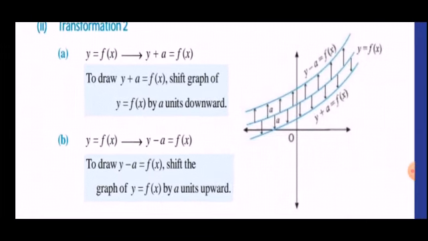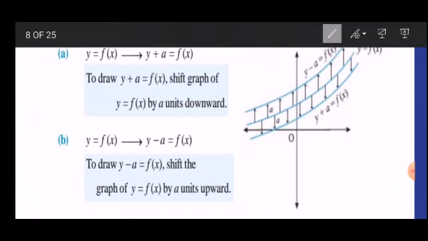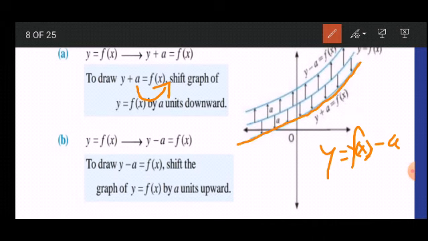So here, y plus a equal to f(x) means y equal to f(x) minus a. When you transpose this a, it becomes y equal to f(x) minus a, and that is minus a, not f of x minus a, it is f(x) minus a. So it comes downward. This part is the f(x) minus a graph. And if you transpose this a over here, then it becomes y equal to a plus f(x).